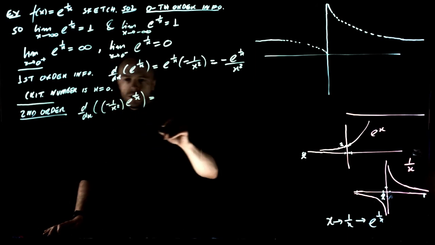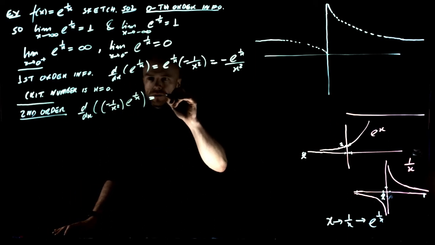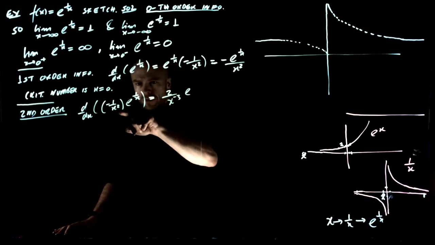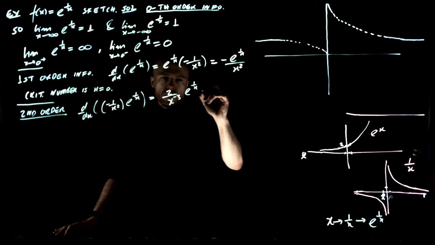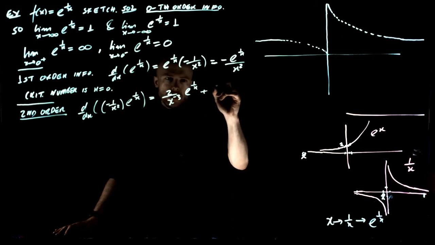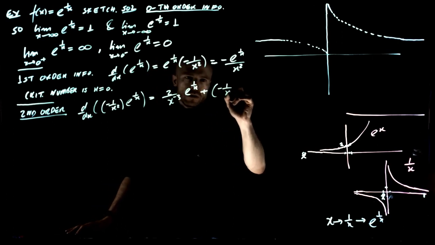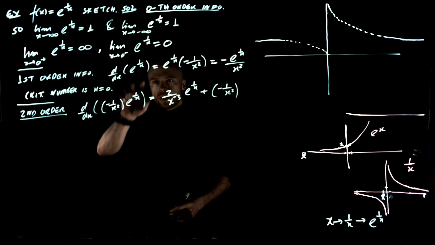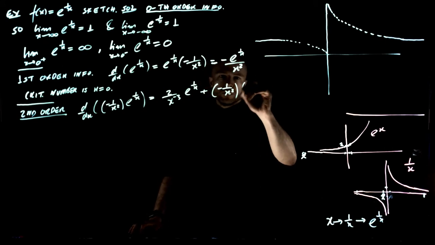I'm going to differentiate this thing. So I'm going to have 2x to the minus 3. So I differentiate the first guy, leave the second guy alone. And then I'm going to leave the first guy alone and differentiate the second guy, but the derivative of the second guy is exactly what we just calculated. So we'll just put it straight here.